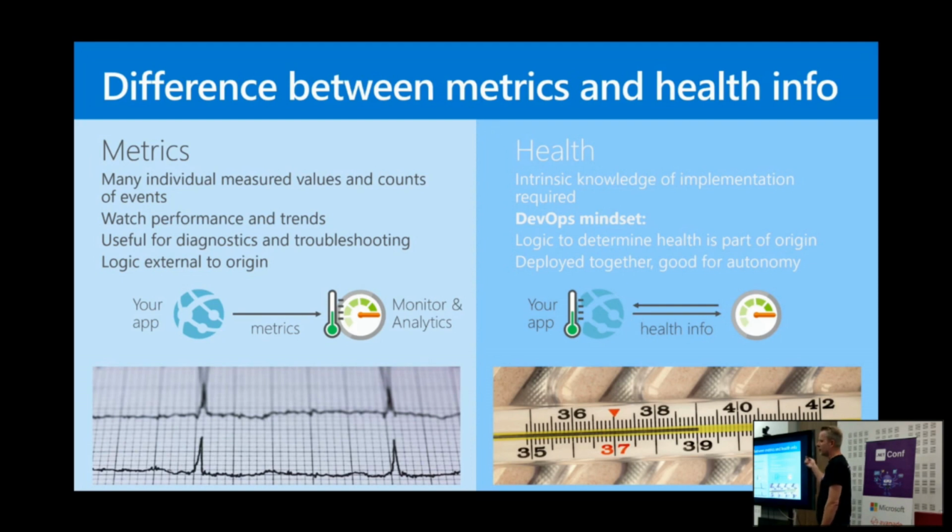Now if you're into DevOps, so you build it and you also keep it running in production, that's a really nice thing because you build those health checks into your application and you're also observing them. If you deploy a new version of your application, you will deploy the new logic for the health checks. If you start using some cache, for example, that you depend on, you could build that into your application.